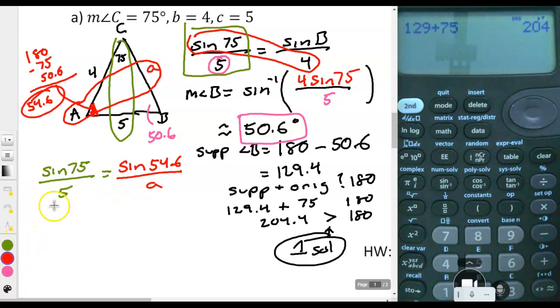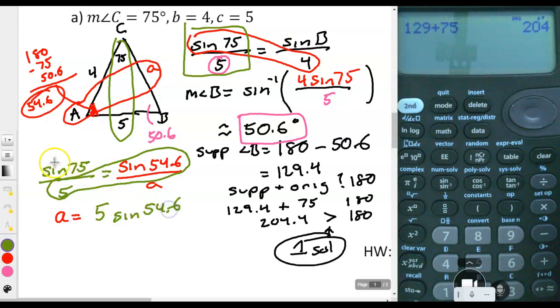So the measure of A. Okay, find the diagonal with no variable. That goes on top. Got 5 times sine of 54.6. And then the remaining part goes on the bottom. Cross multiply and divide.